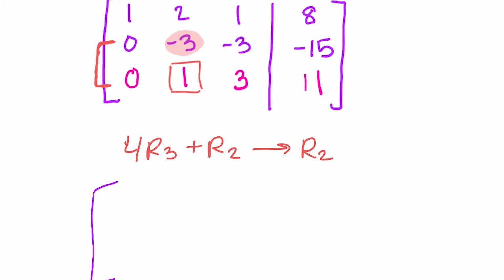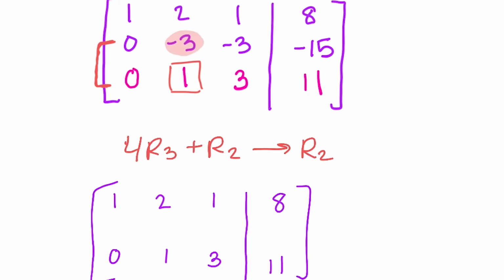So row 1 is staying 1, 2, 1, 8. Row 3 is staying 0, 1, 3, 11. And I'm going to do this math off to the side. So I'm going to have 4 times row 3, that's 0, 4, 12, 44.